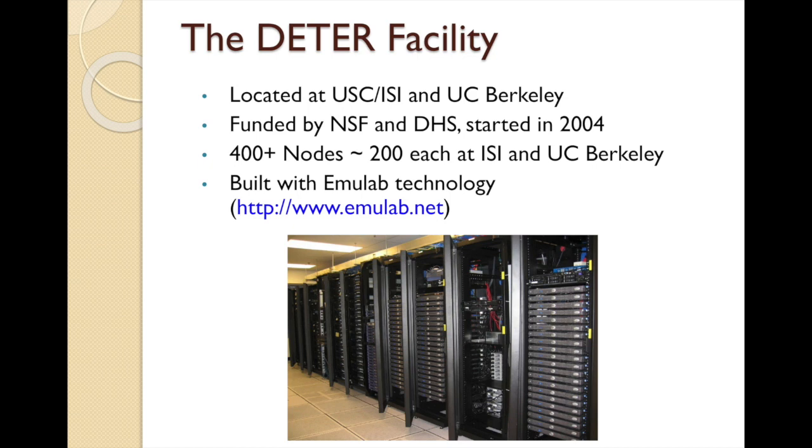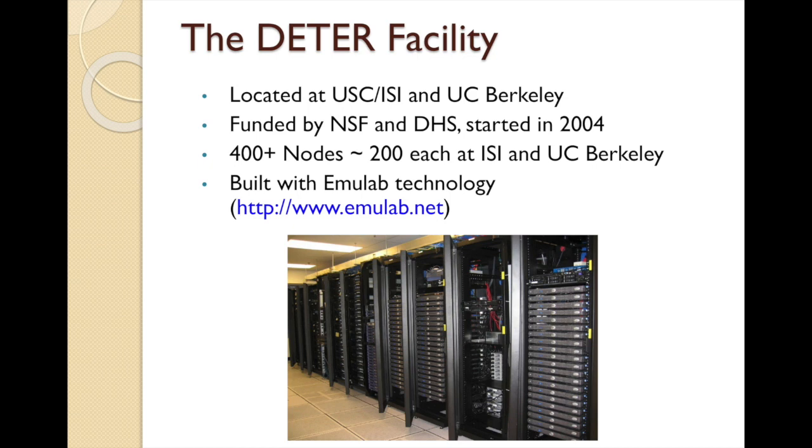The DETERLab facility is located at USC ISI and UC Berkeley, and was funded by the National Science Foundation and the Department of Homeland Security. It has around 200 systems working in parallel, providing service for users on testing networks.